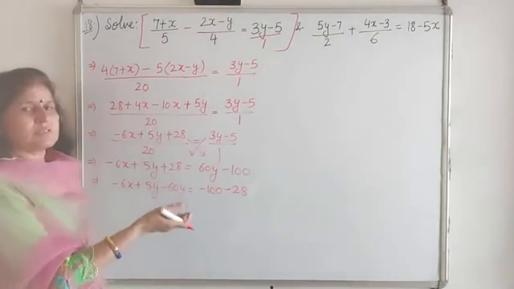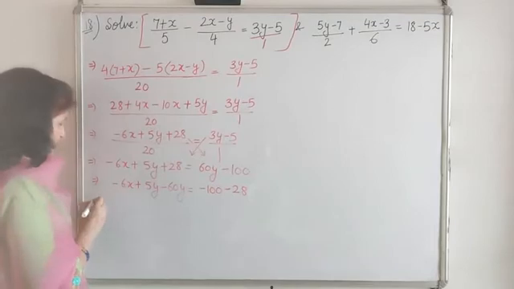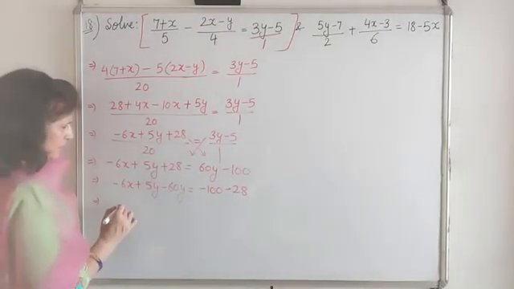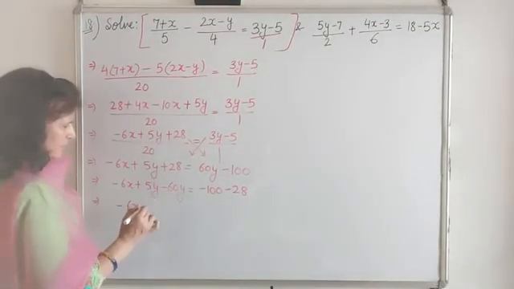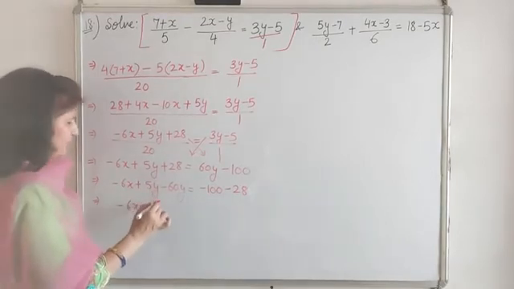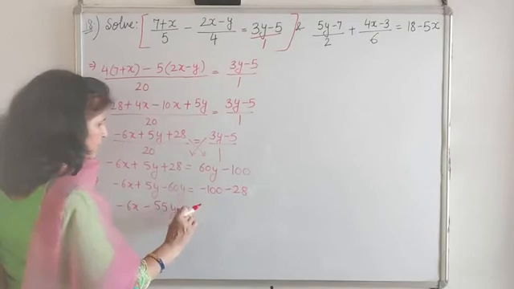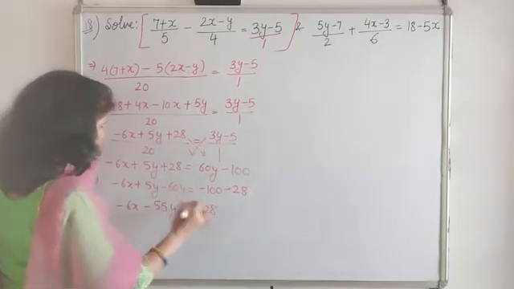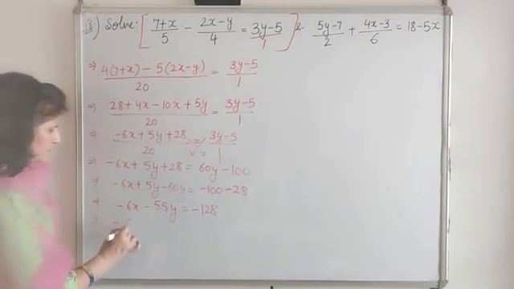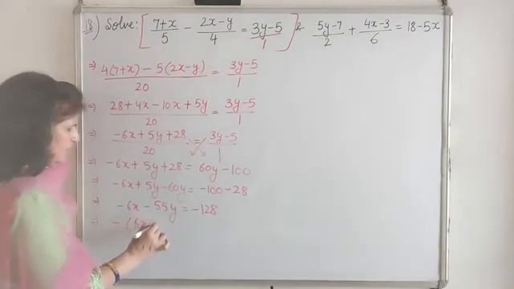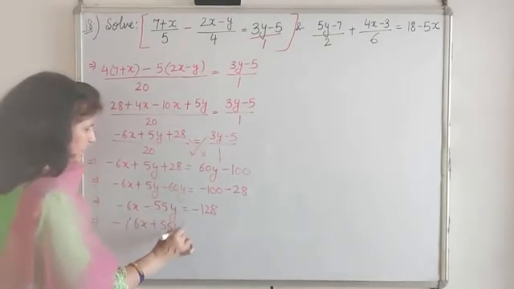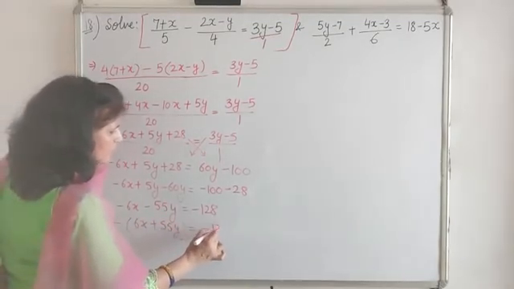Means numbers one side, x and y one side. Minus 6x, minus 60 plus 5, 55y, minus 128. You can take minus common. 6x plus 55y is equal to minus 128.